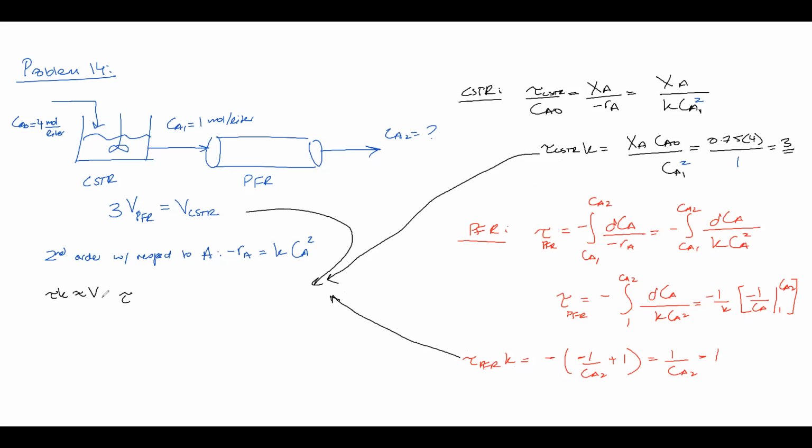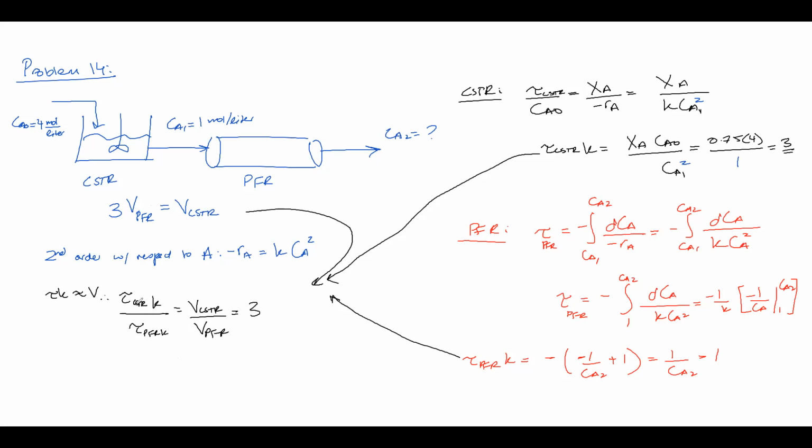So using this logic, therefore tau CSTR K over tau PFR K is equal to V CSTR over V PFR, and this is equal to 3. Right? V CSTR over V PFR is equal to 3. I'm going to plug in my expressions.